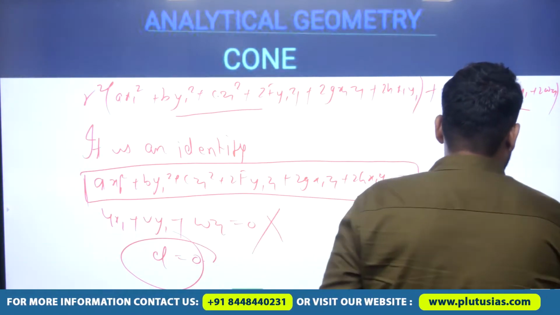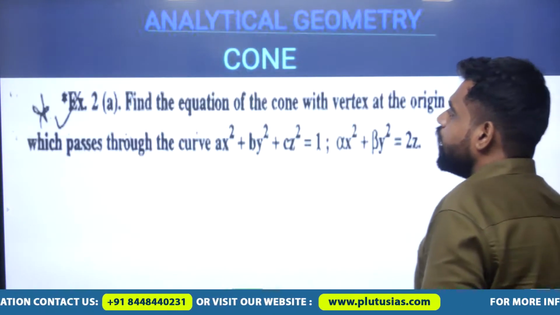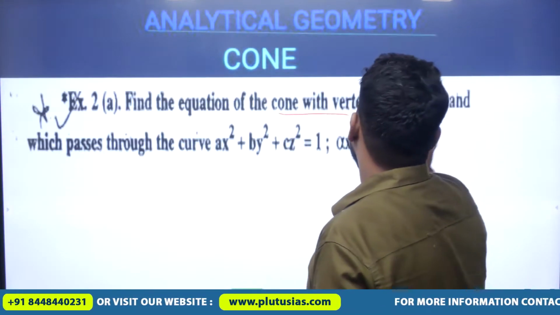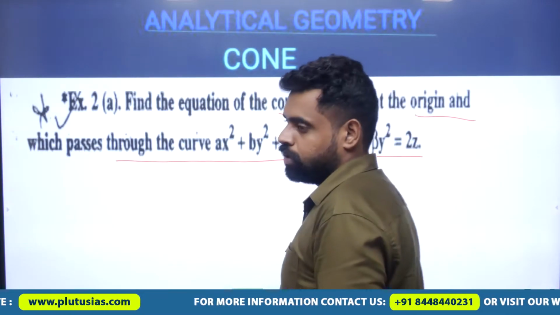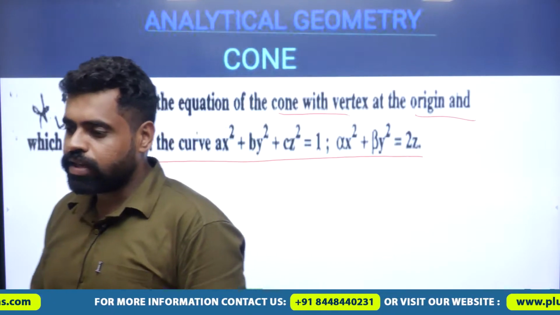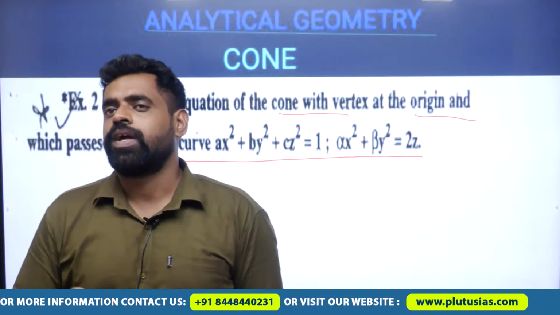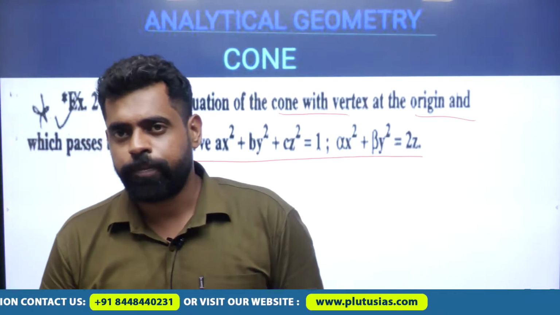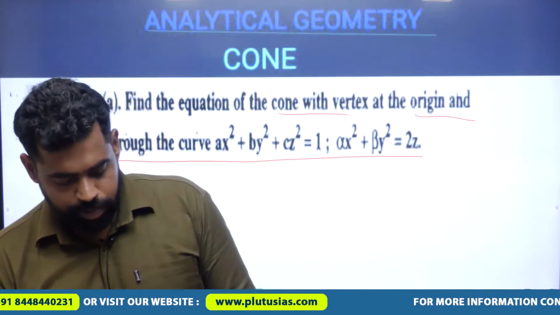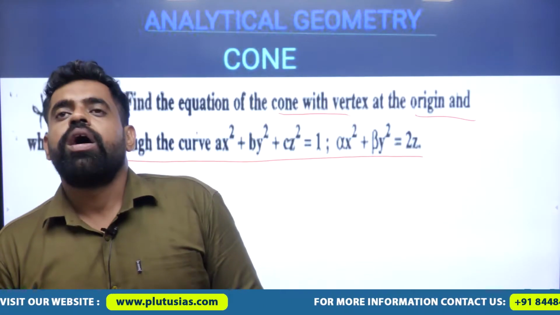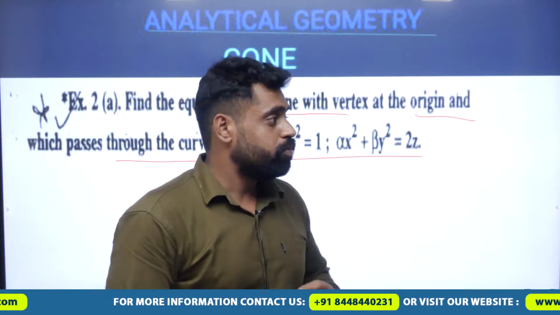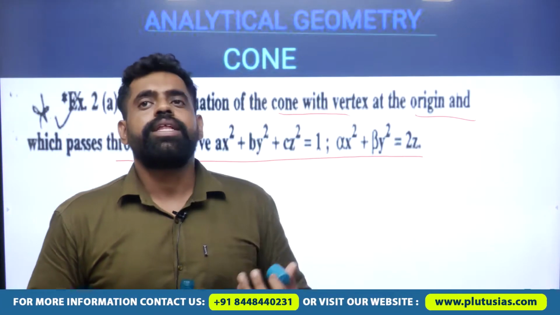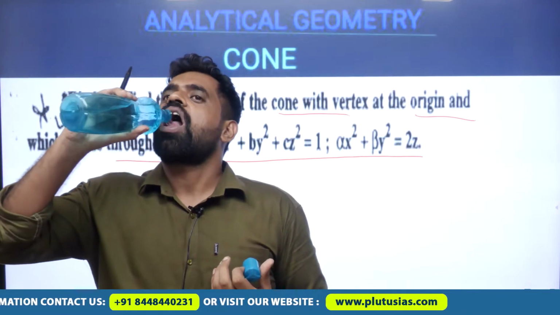Moving ahead: find the equation of the cone with vertex at origin and which passes through this curve. Now this is from your exam point of view. This question comes in your examination. In this type of question, you just make the equation homogeneous.